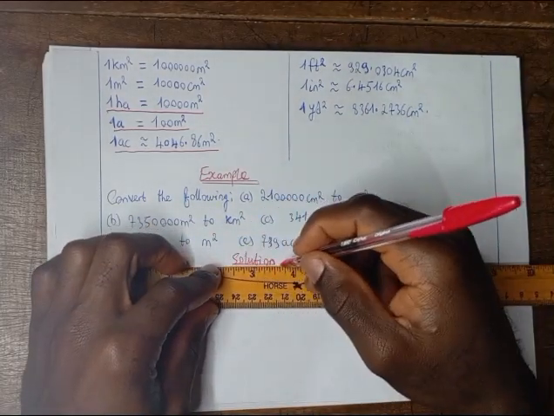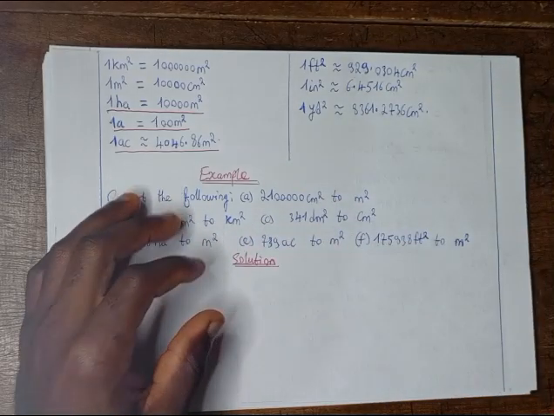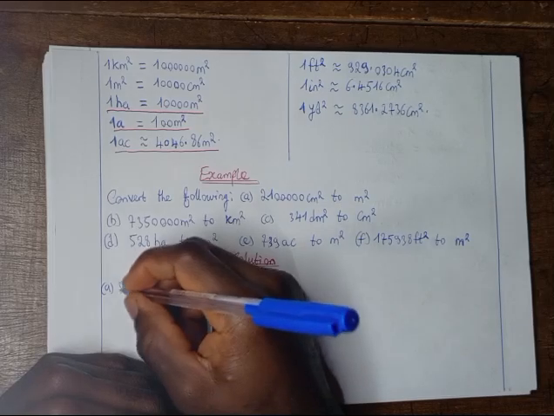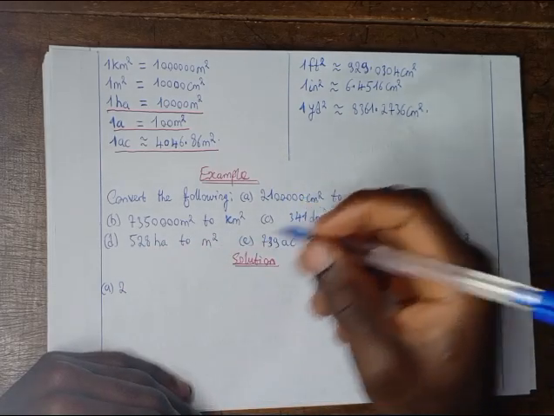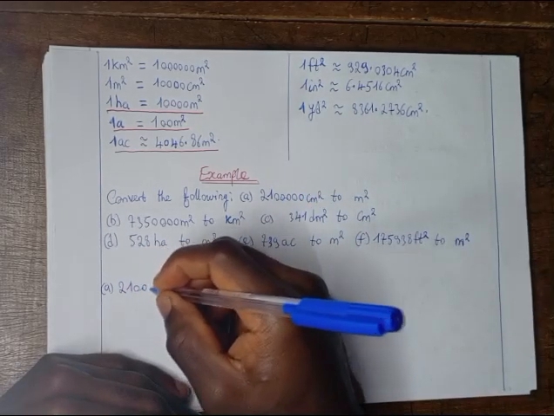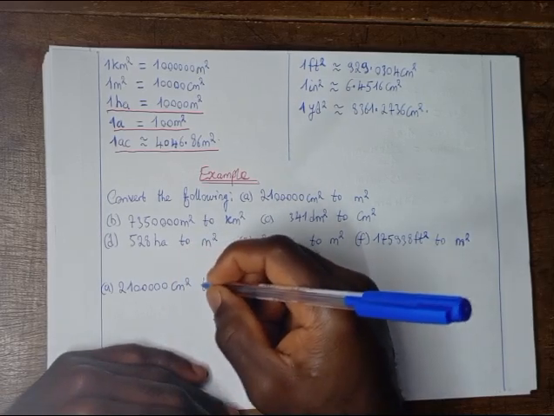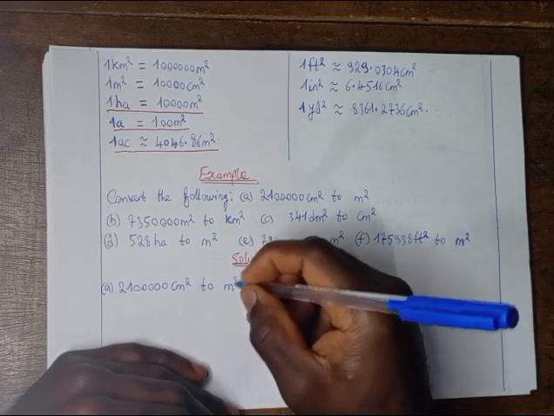Do the conversion. For A, we have to convert 2,100,000 centimeters squared to meters squared.